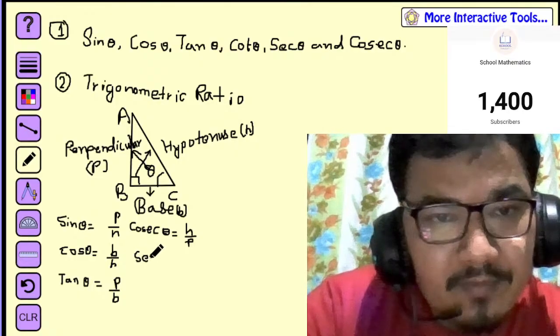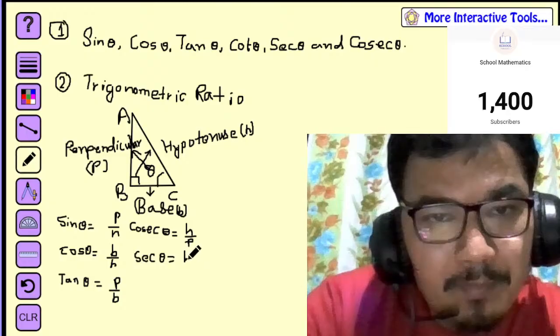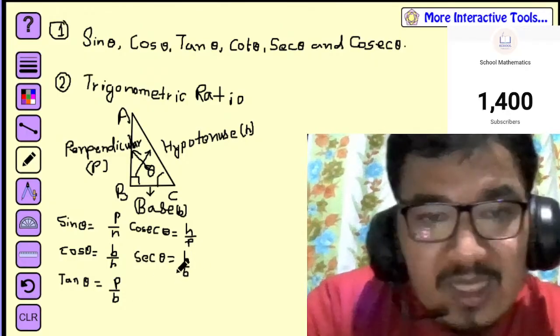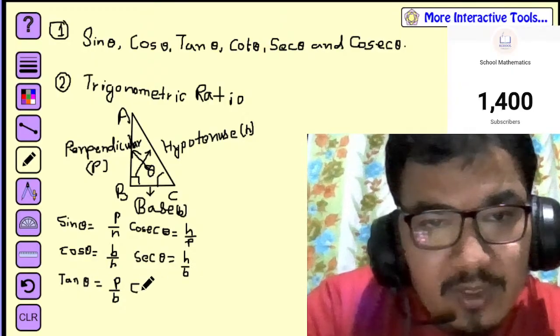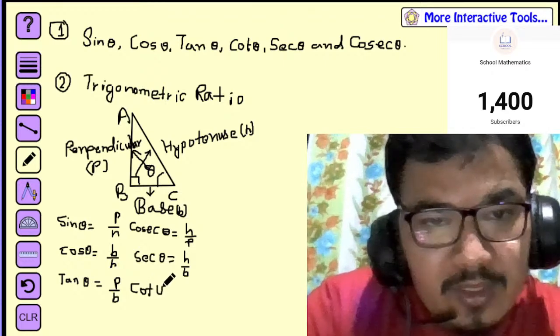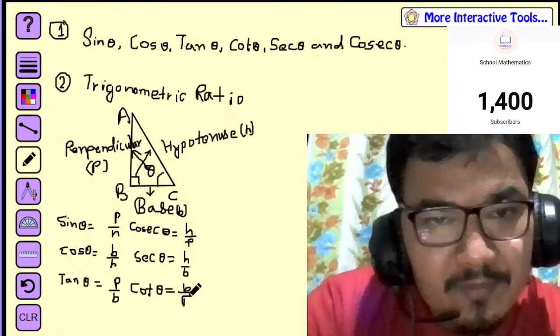Sec theta equals h by b. And tan is p by b, so the next one is cot. Cot theta equals b by p.